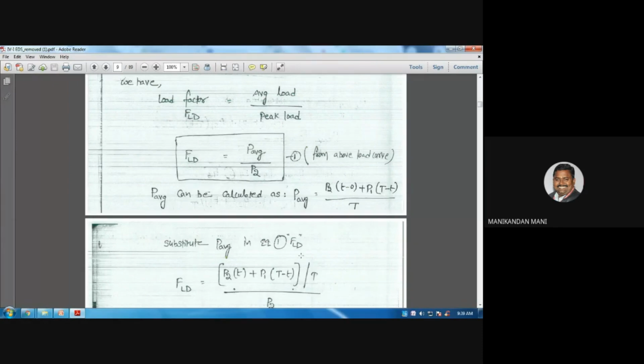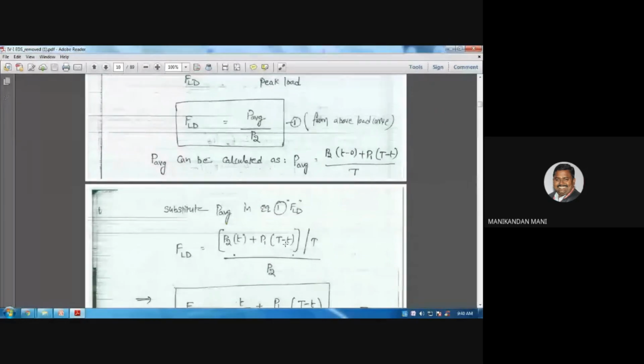So now substituting this equation in the first. What is the first equation? The load factor, which is equal to P average divided by P2. We know the value of P average, so we need to substitute here. So FLD is equal to P2 into small t minus P2 into 0 plus, and so on.